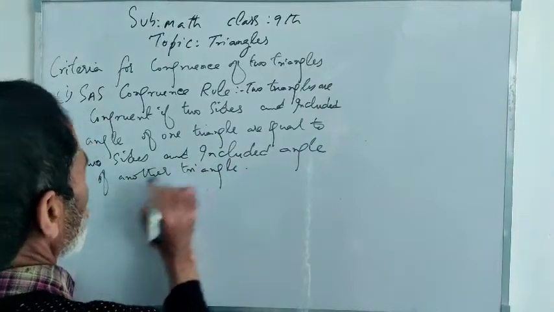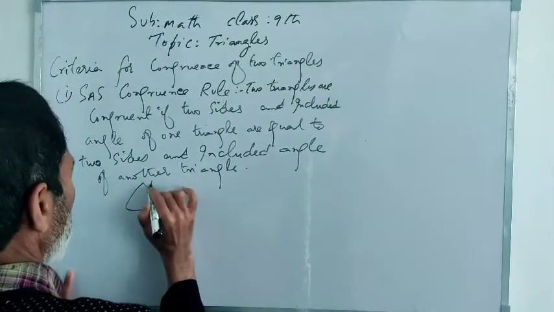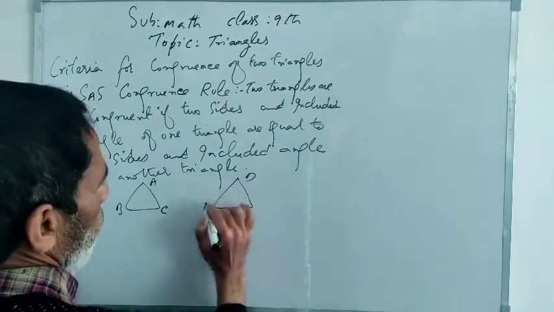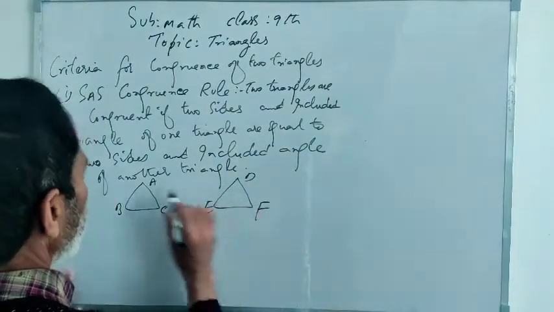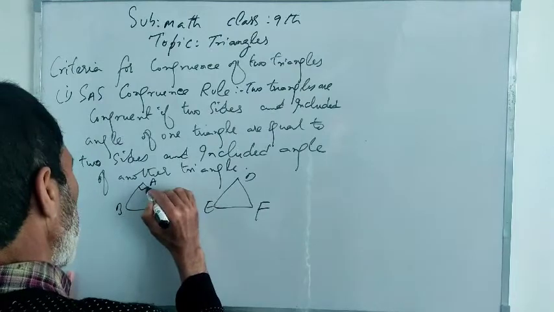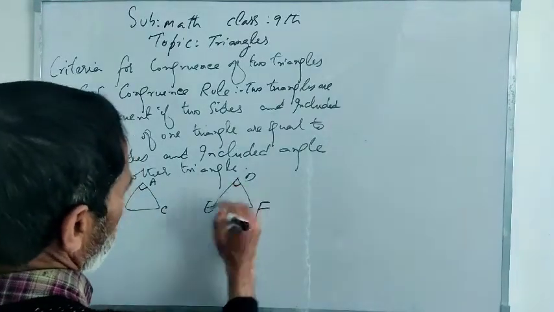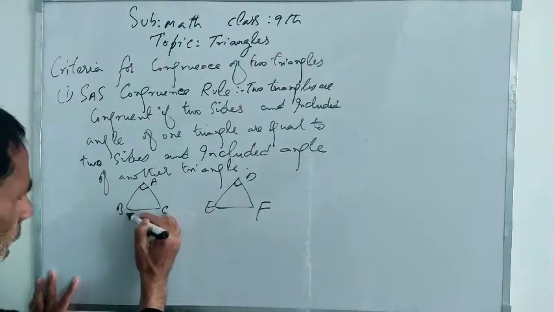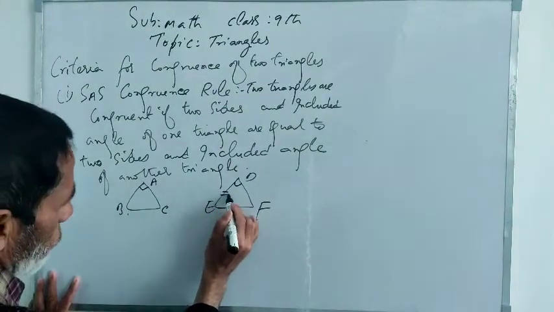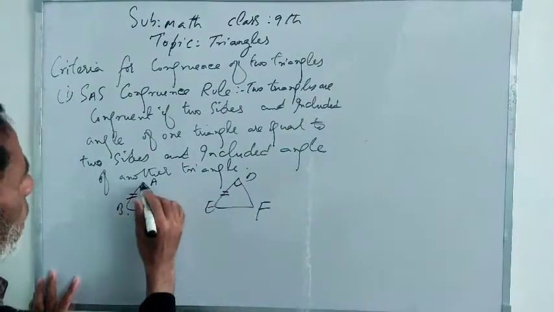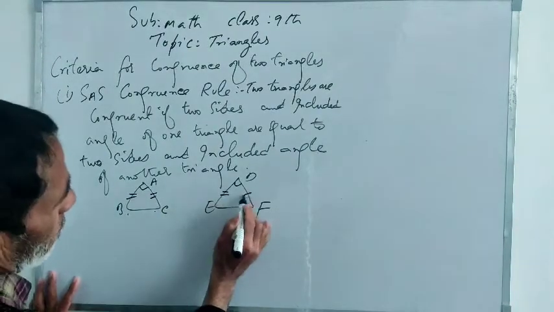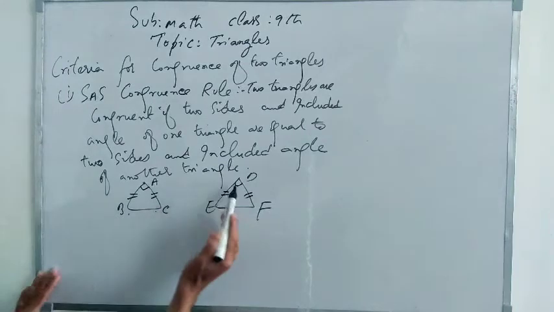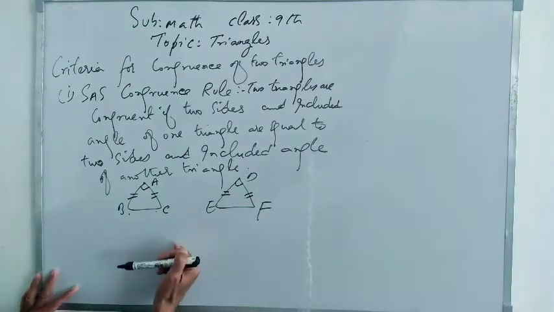That is, if there are two triangles ABC and DEF, and this condition follows: angle A and angle D are equal, AB side is equal to DE side, AC side is equal to DF side, then these two triangles will be congruent.